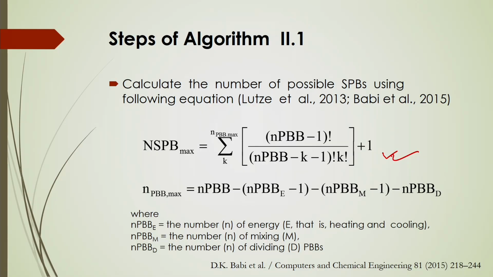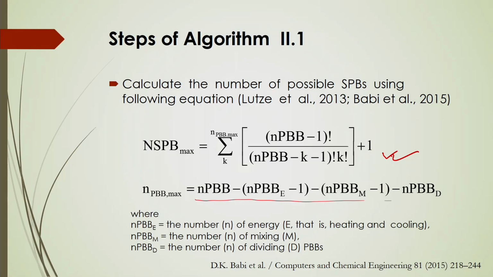If it is n number of phenomena based building blocks, then it will be n_PBB minus 1 factorial, divided by n_PBB minus k minus 1 factorial, again k plus 1, where this n_PBB can be calculated based on this equation here: n_PBB minus n_PBB_E minus 1, minus again n_PBB_M minus 1, minus n_PBB_D.